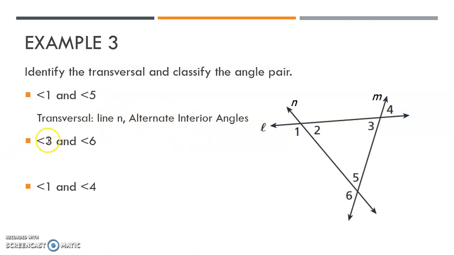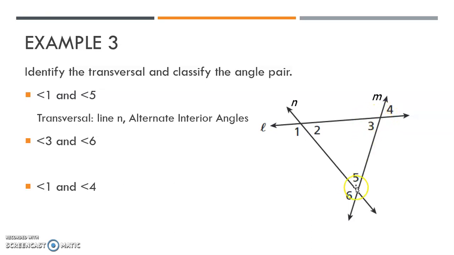Let's do another one. We had 3 and 6. 3 is here, and 6 is here. This line right here touches both 3 and 6, and that is line M. It makes this side of angle 3 and this side of angle 6. So line M is the transversal, and then notice, this is an interior angle.